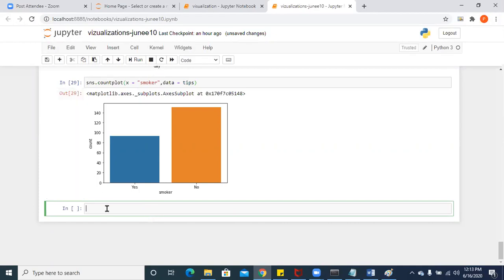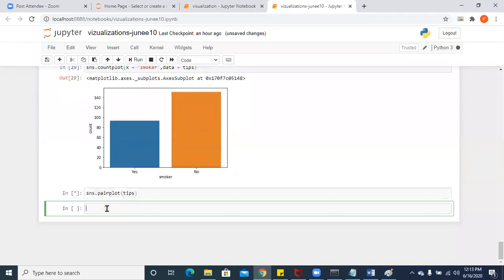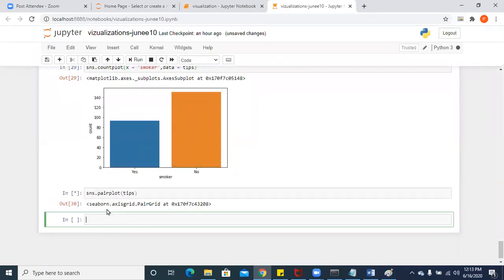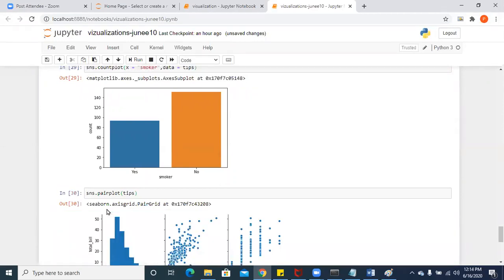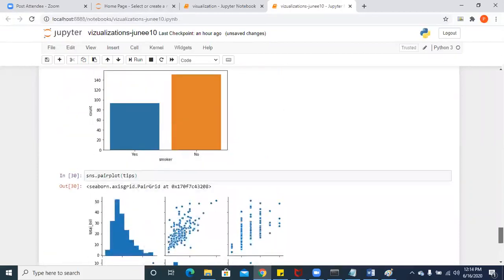So how do you see that? sns.pairplot(tips). If you see this, you can consider that.